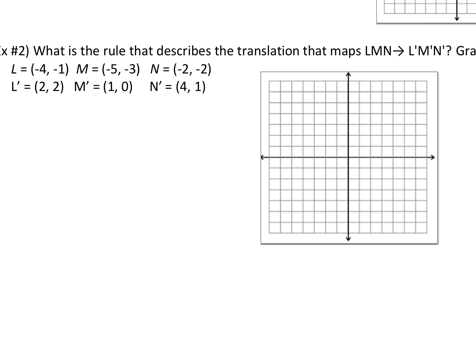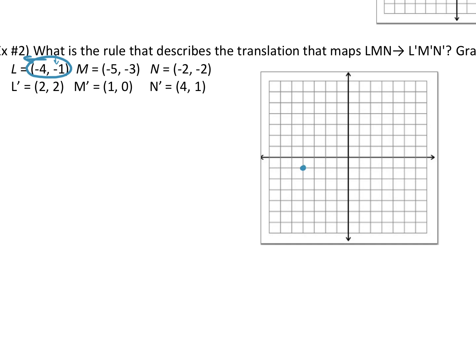Tell me where you're going to move for the point -4, -1. Left 4, and then down 1. Okay, so you're going to go left 4, down 1. 1, 2, 3, 4 to the left, down 1 from 0, 0, right? You always start at 0, 0.